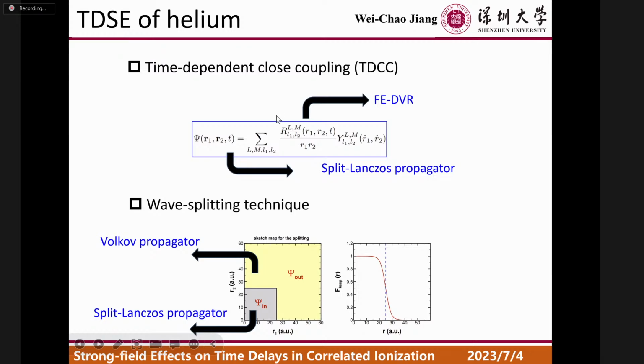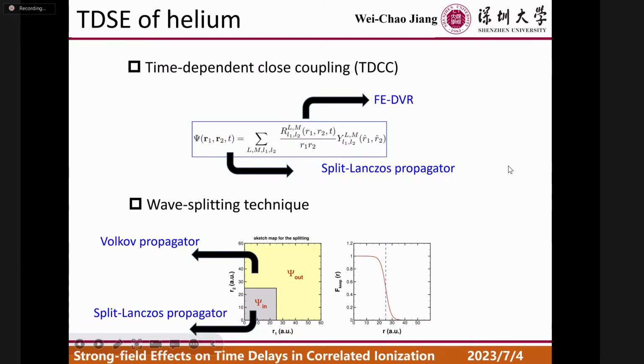We divide the wave function periodically into inner and outer regions. The inner region is still described by the split Lanczos propagator, but for the outer part, we use the Volkov propagator, which means we neglect the influence of the Coulomb potential. This way, we can use a small box to describe the full propagation of the whole wave function.